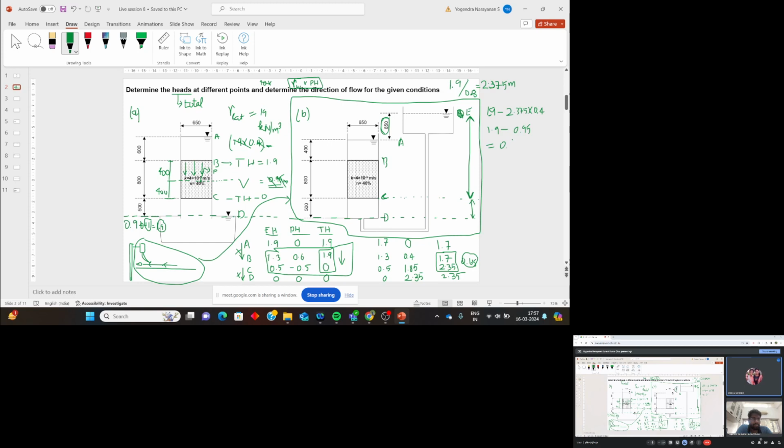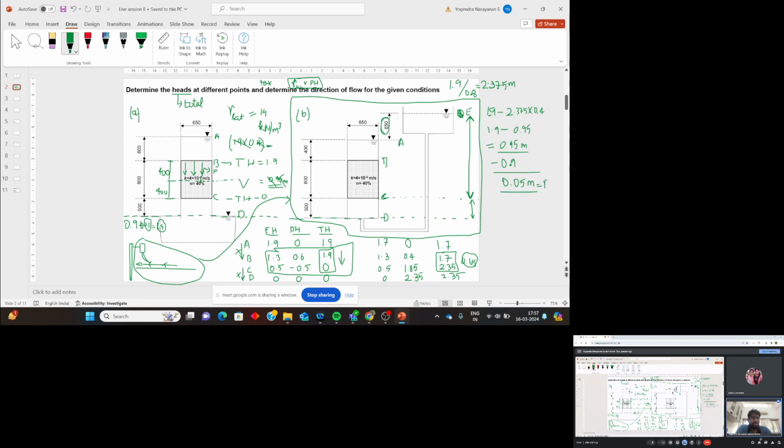Are you able to get it? Yes, sir. 0.95 meters. Now what will be the elevation head? It is 0.9. Now you subtract it, you will get 0.05.